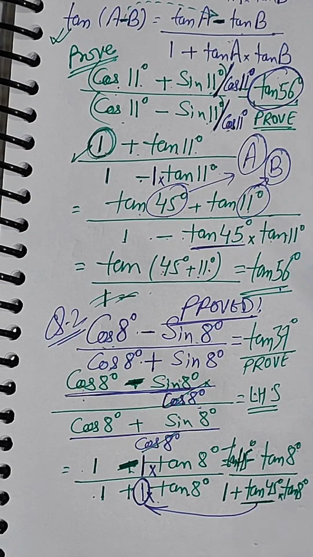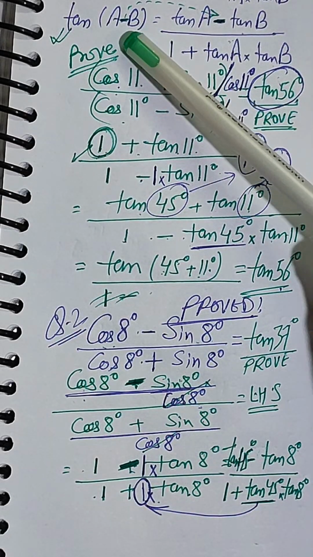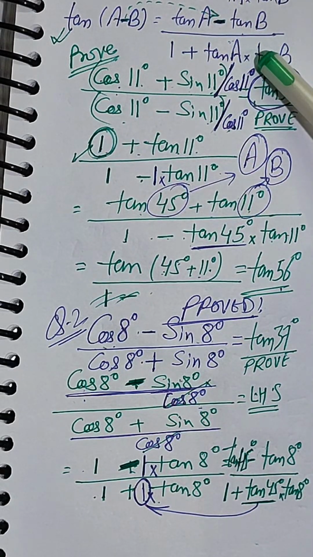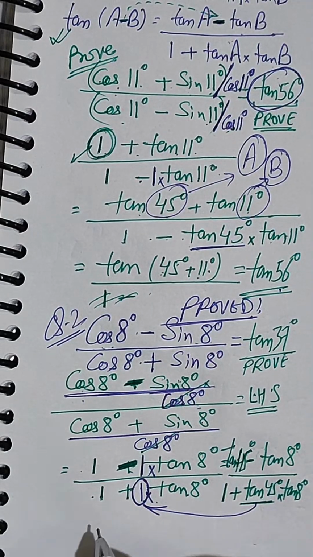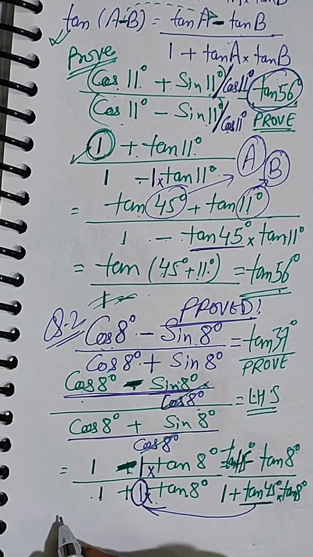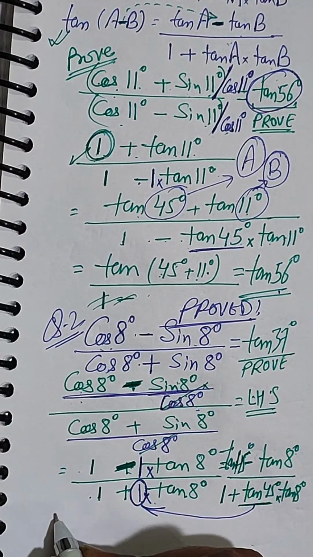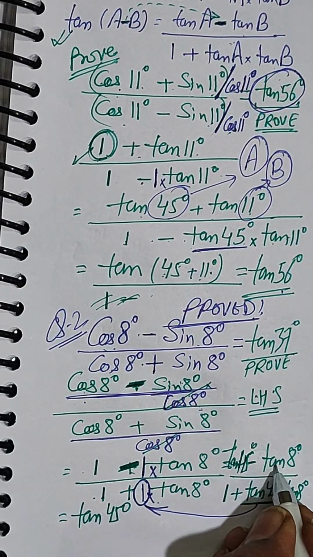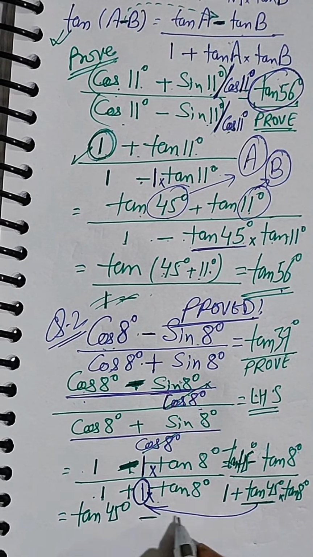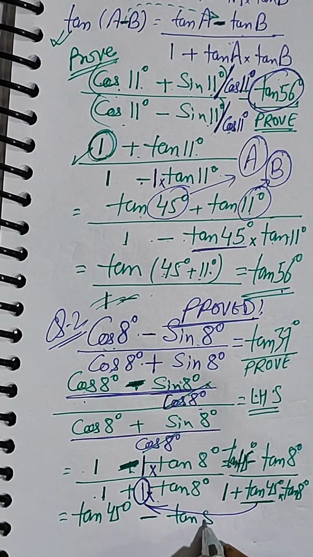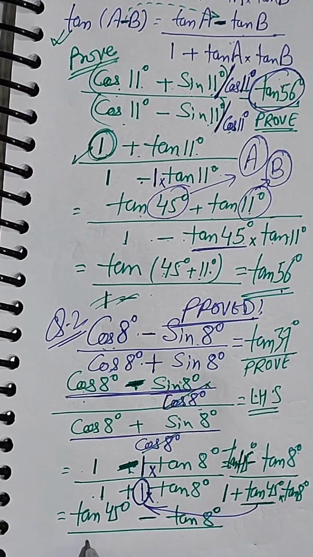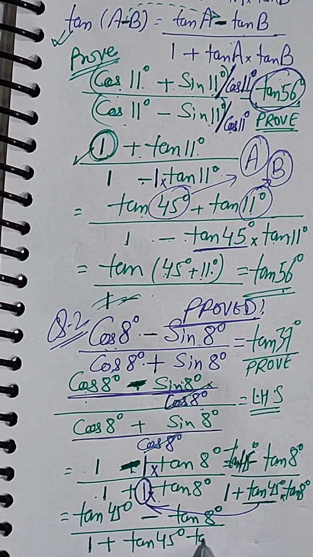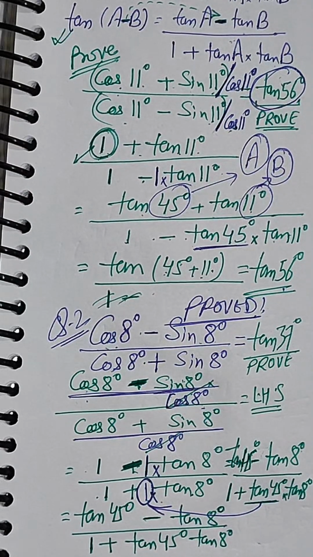So this is nothing but the application of tan A minus B. What is tan A minus B? Just recall the formula. Tan A minus B is tan A minus tan B by 1 plus tan A tan B, right? You can see it very easily. So this will be equal to tan 45 degree minus tan of 8 degree divided by 1 plus tan 45 degree and tan 8 degree, isn't it?